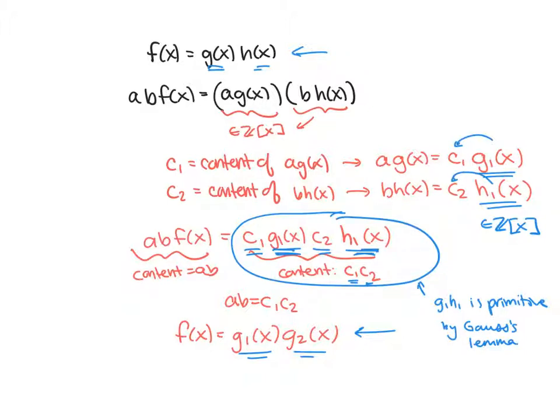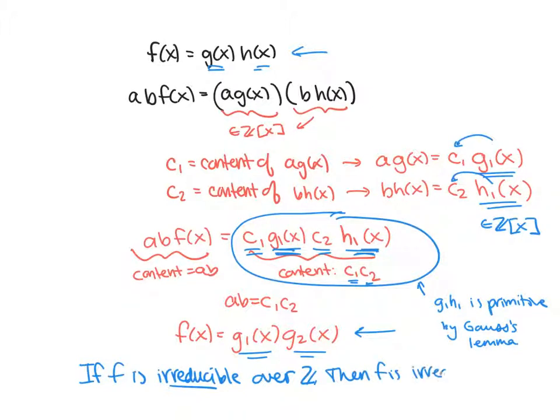Oftentimes, what's useful here is the contrapositive of this statement. So the contrapositive says if f is irreducible over Z, then it's irreducible over Q. All right, so if you can't factor it with integer coefficients, then you won't be able to factor it with rational coefficients, even though it seems like there will be more options and that maybe you can.